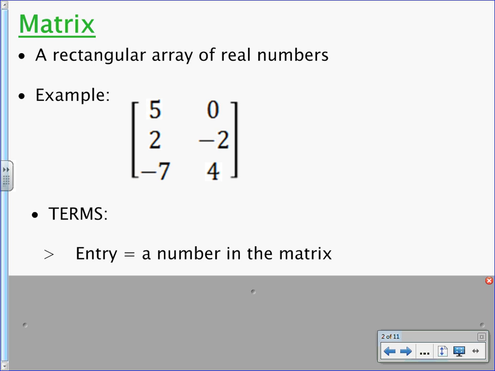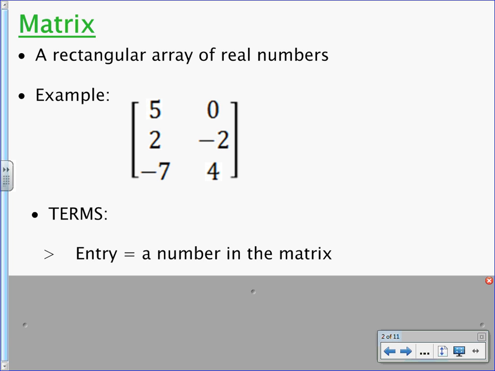Right now this matrix has 3 rows and 2 columns. In order to compare matrices, we're going to learn how to add, subtract, and multiply matrices. We have to have certain things match up with rows and columns when we do those sorts of things.